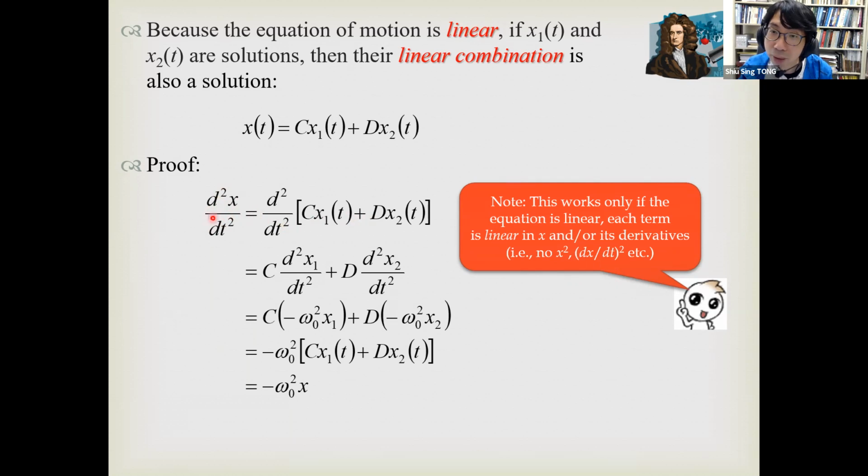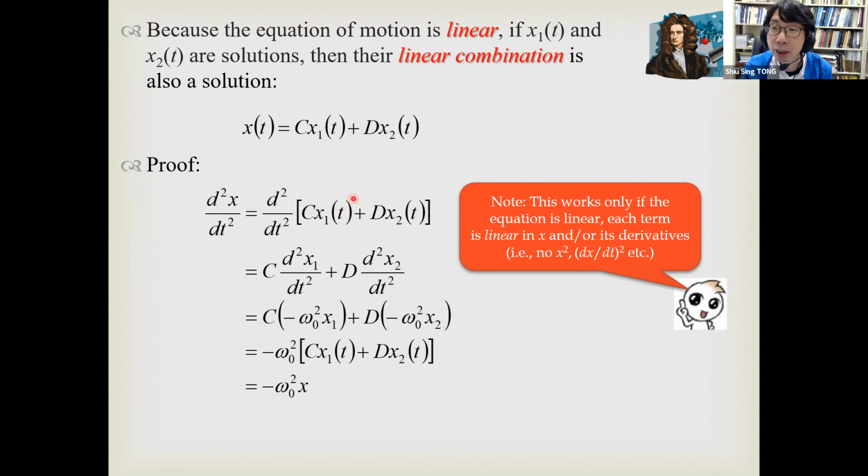For example, on the right-hand side of this equation, you only have the second derivative of x only, not multiplied by any other form of x. And also on the right-hand side, you only have a single x. You don't have a term with x squared or x cubed or x to the power 5, etc. And this kind of equation is called a linear equation.